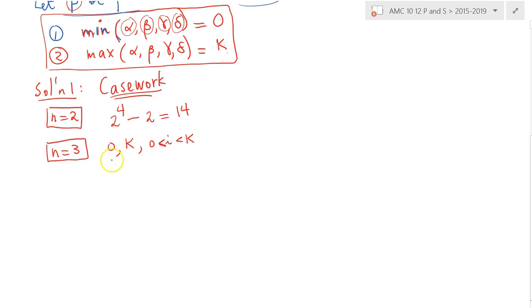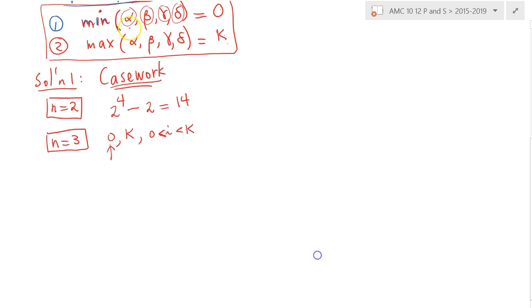Well, I have 4 choices for which one of alpha, beta, gamma, or delta will be 0. And then once I choose which one is 0, I have 3 choices for this guy, for one of them will be k, and finally the remaining one I have k minus 1 choices for.